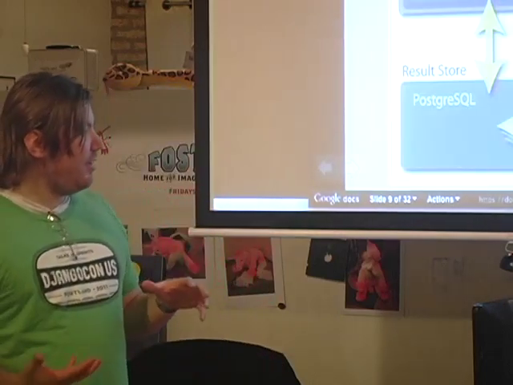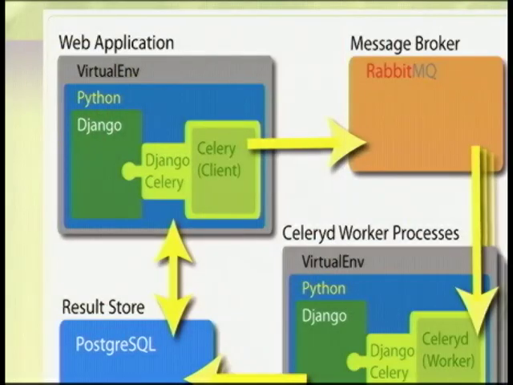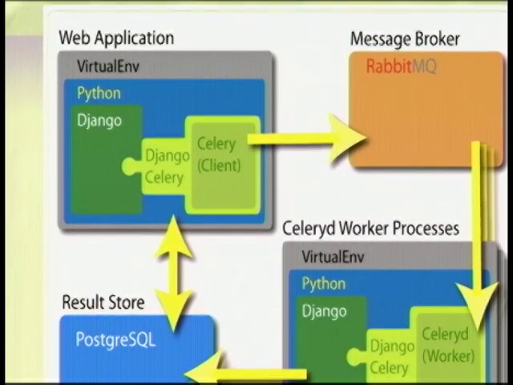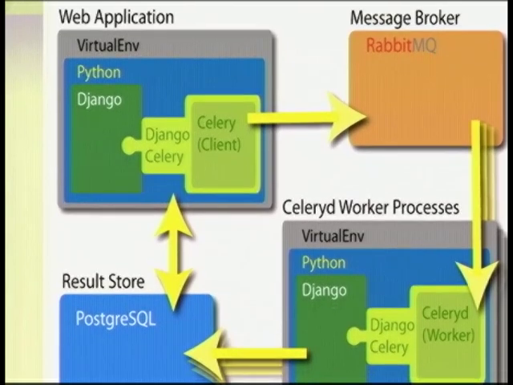This is a document that I put together to help me visualize it a little bit better. Just another look at it. This is your Python web application with Django-celery, and then you have the Celery client, which is basically the invocation code that creates a task and sends it off to RabbitMQ, which will schedule it.